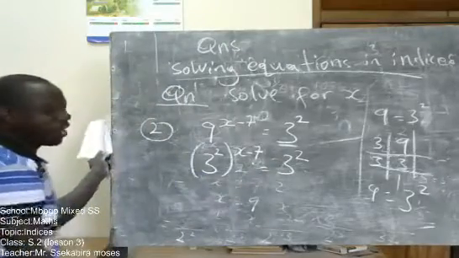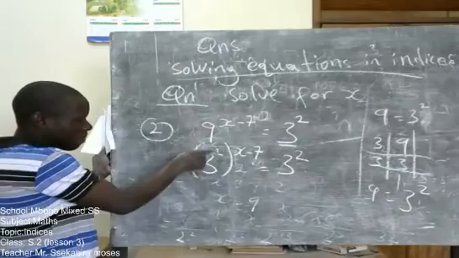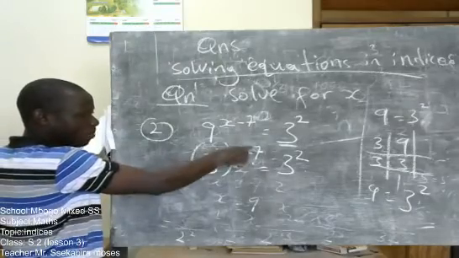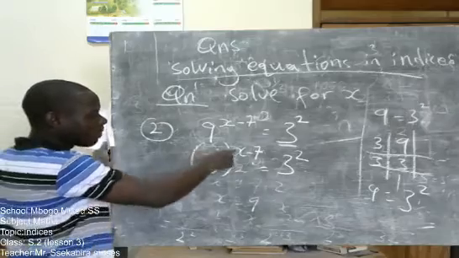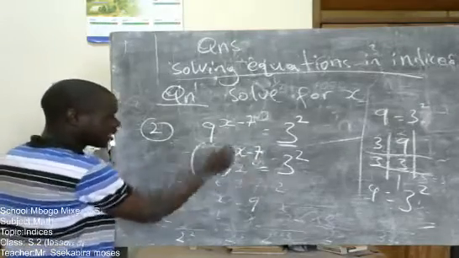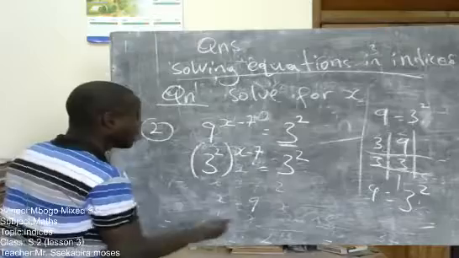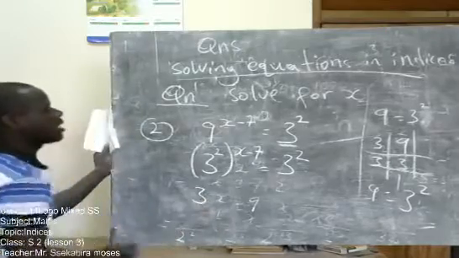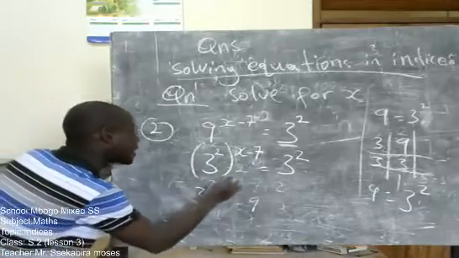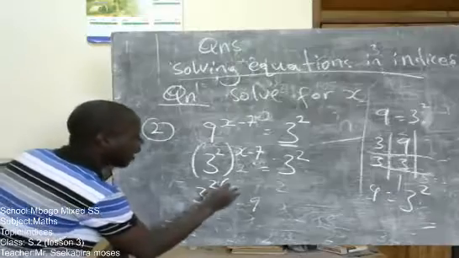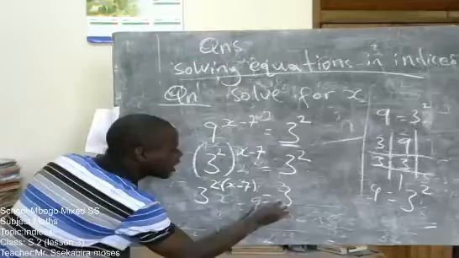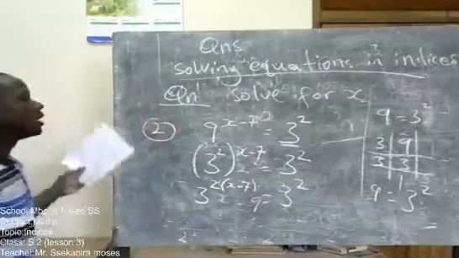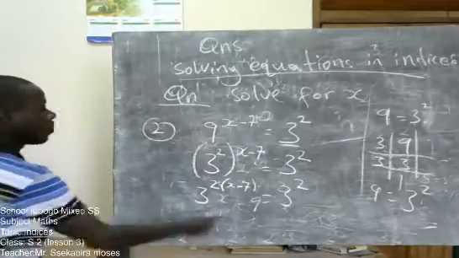Another concept we can use: the power multiplies with the power. This 2 here is multiplied by x minus 7. It affects the 2, so this one is the same as 3 to the power 2 multiplied by x minus 7, equal to 3 to the power 2.